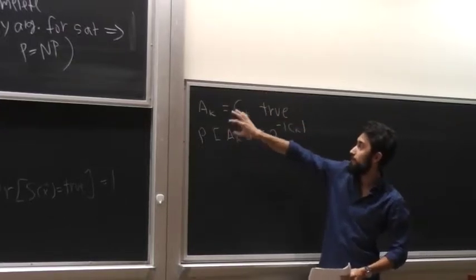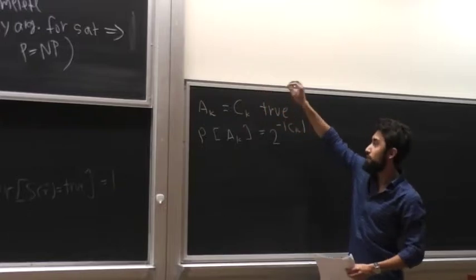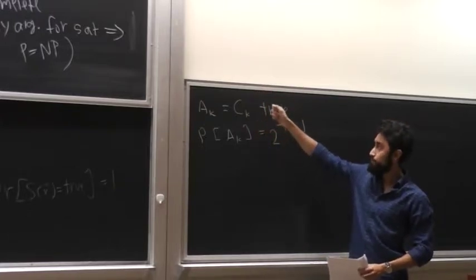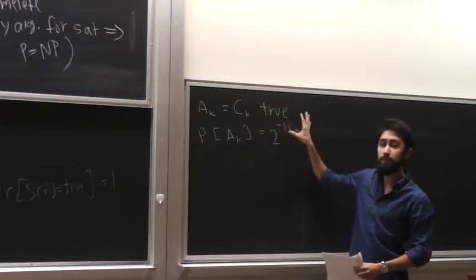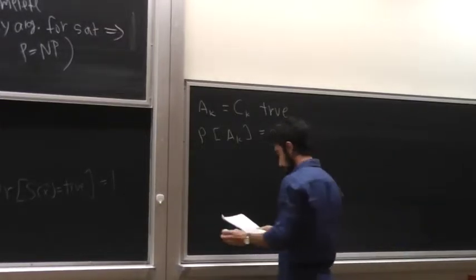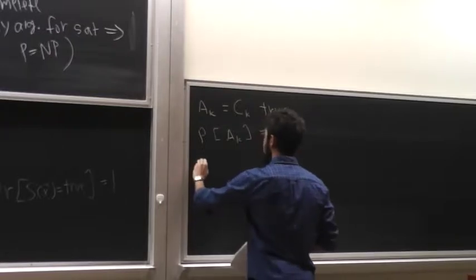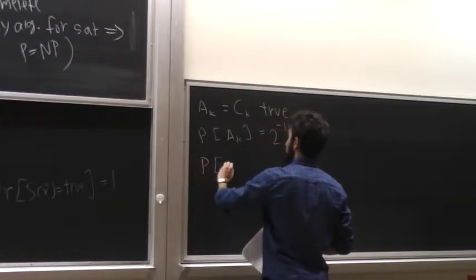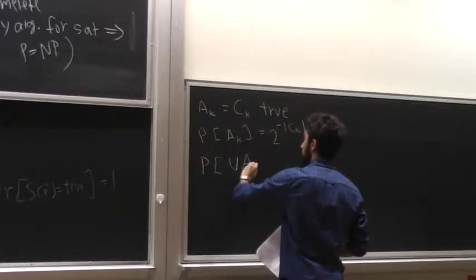The probability that you satisfy one of the clauses will be 2 to the minus the size of that clause. That's clear. Good.